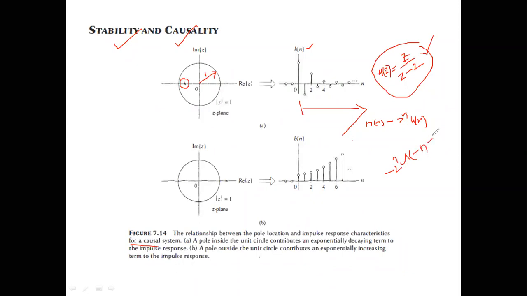But then the first one is right sided. The second one here is left sided. Now we are interested to know, author has given us this right sided, causal one. Is it stable?